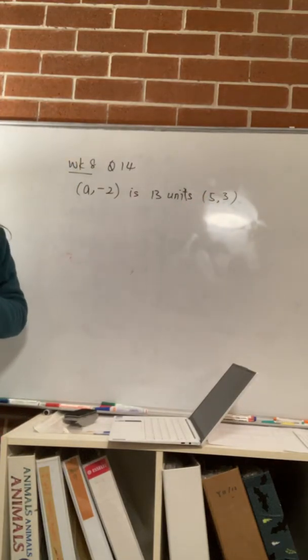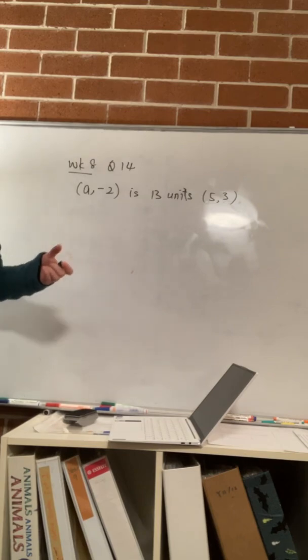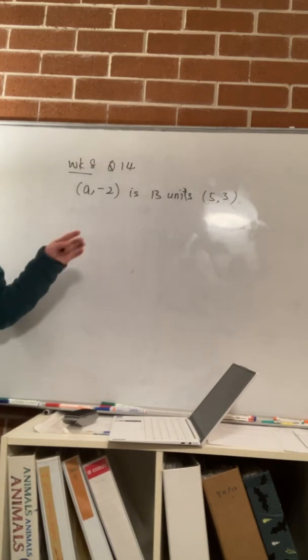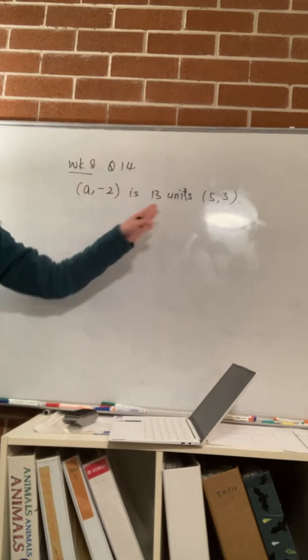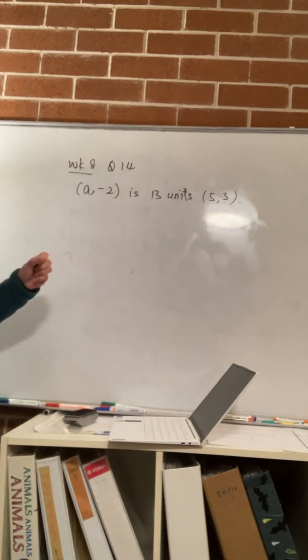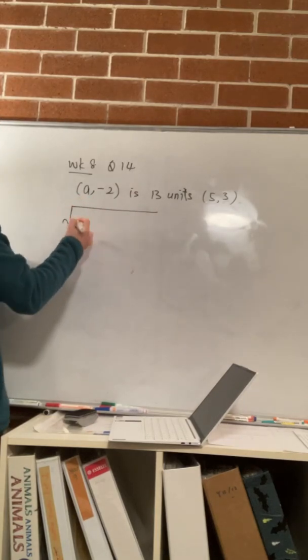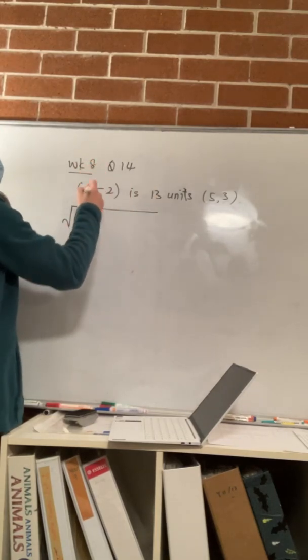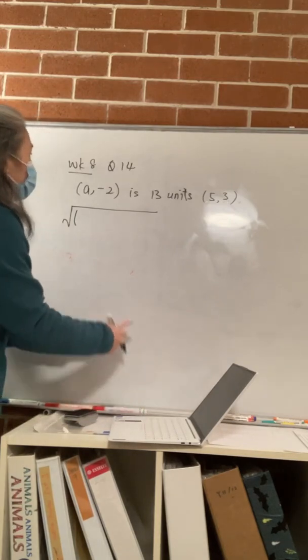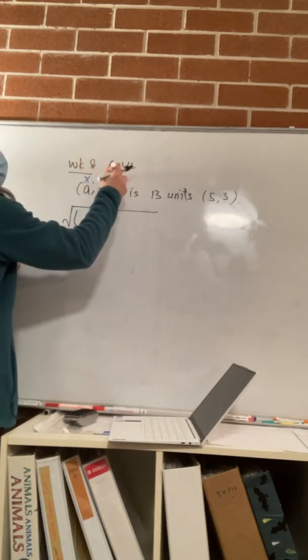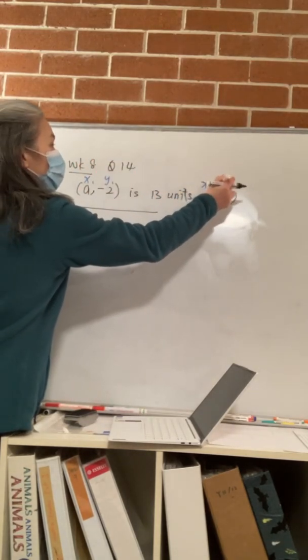You told me it's distance. So what does it mean about distance? Distance formula. And what do I need to do about the distance formula? y2 minus y1. Yeah, let's try it. So that means you are going to label this one as your x1, y1, x2, y2.